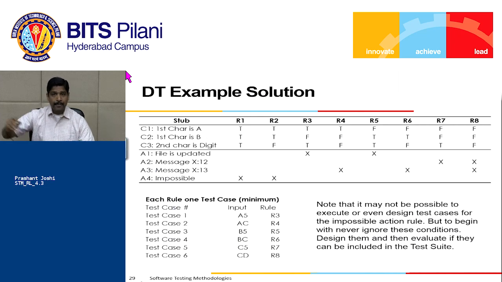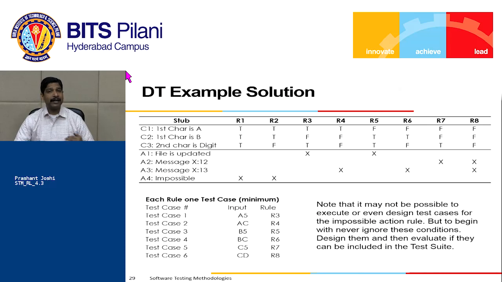Now remember, if you have paused and actually put together the conditions, you may have come up with a condition which says first character is A or B. The moment you have put in first character is A or B with a true or false, you may not be able to represent all inputs.